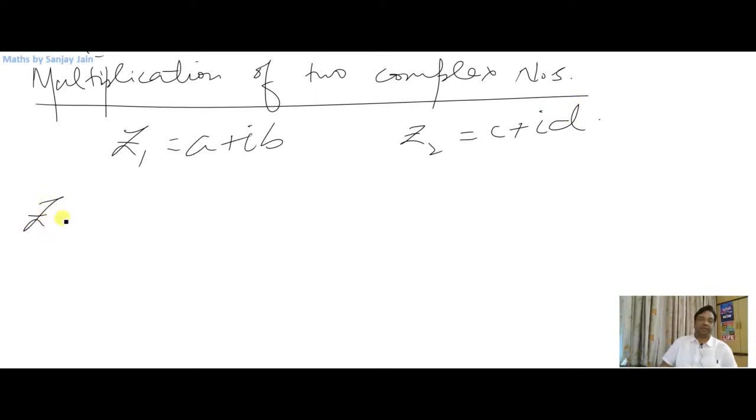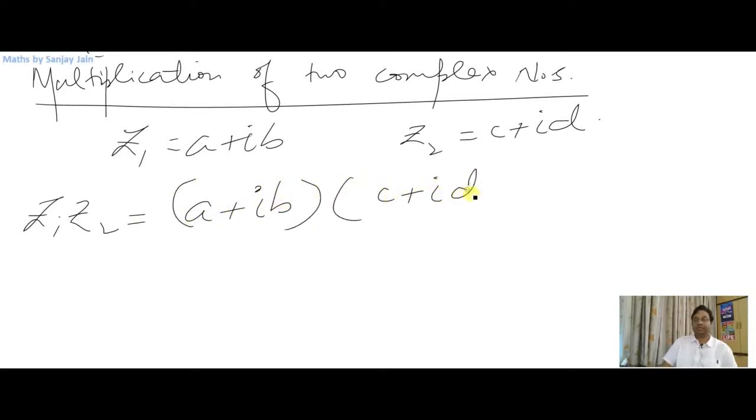If I multiply these numbers z1 into z2, I'll write this as a plus iota b, c plus iota d. Now I'll multiply c with a and then c with iota b. So I'll write like we multiply in case of real numbers. The only difference here will be that iota square will be written as minus 1. So let us do that.